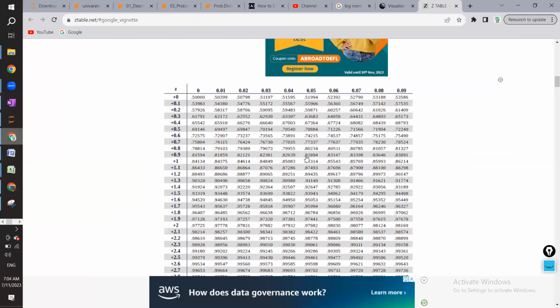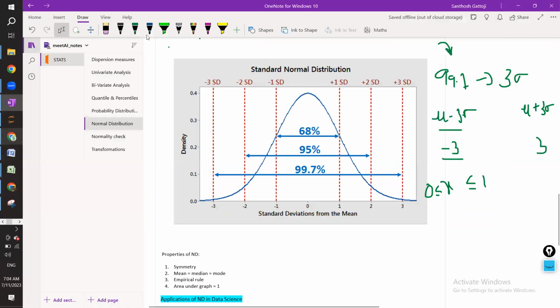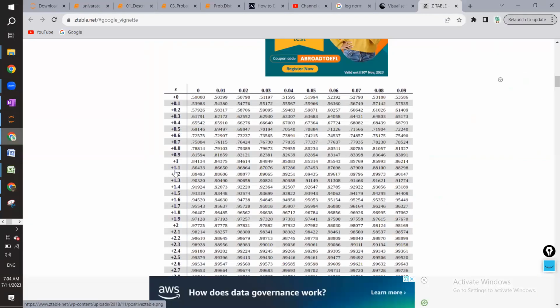First, x less than or equal to 1: 1 is 1.0, so it is 0.84. Agree, guys?